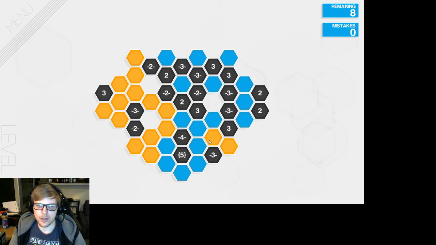Because of the dashes on this 3, we know that this hex can't be blue, and then that this hex is forced to be blue. This hex is already adjacent, this hex is already adjacent, and this 2 forces this hex to be blue.